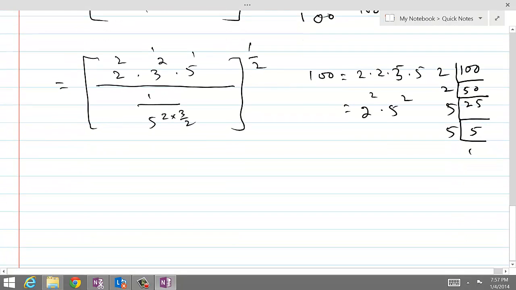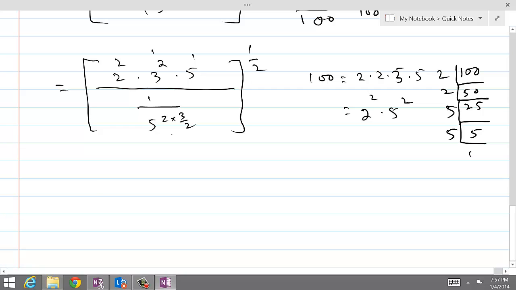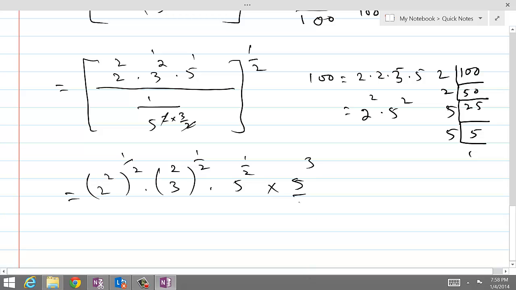And now this 2 will be cancelled with this 2, and we can now apply that power 1 by 2 which is outside. 2 power 2 power 1 over 2, 3 power 2 whole 1 over 2, 5 power 1 over 2, and this 1 over 5, this can flip over and this will become 5 power 3 on the top over 1.